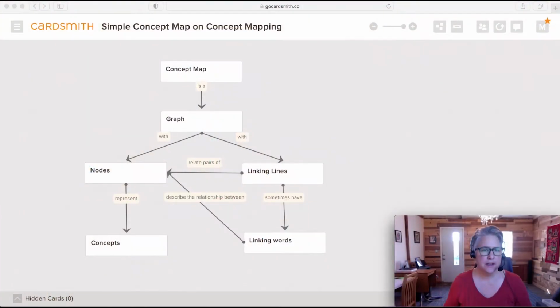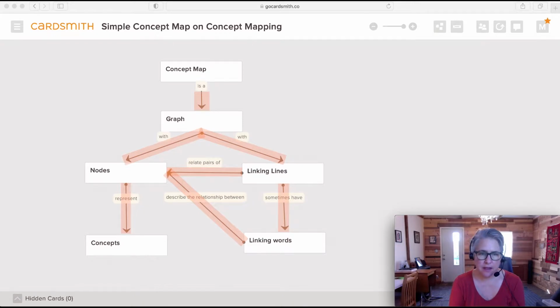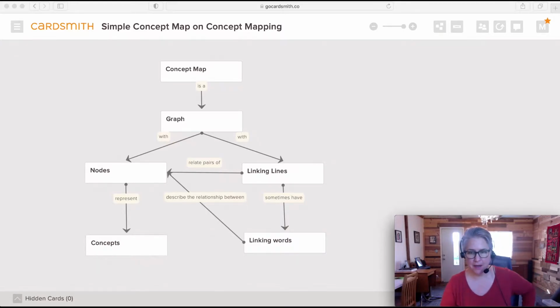So let's take a look at what a concept map is and how you would build one. The structure is very simple. There are three things: you've got nodes, linking lines, and linking words. If we read this particular concept map, which is very much sticking with our theme that this is a very meta topic, I've built a concept map about concept mapping.